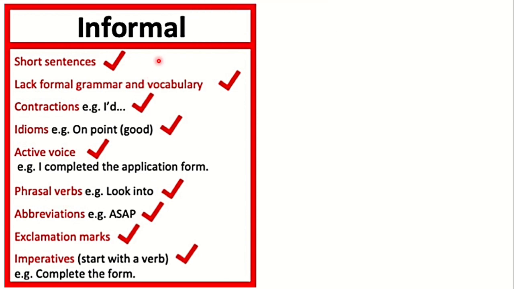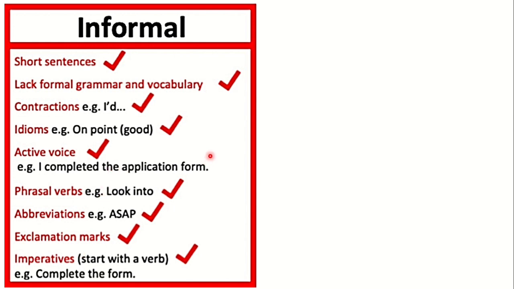Here is another example. Informal writing uses short sentences, lacks formal grammar and vocabulary, and uses contractions, idioms, active voice or the first-person point of view, phrasal verbs, abbreviations, exclamation marks, and imperatives.